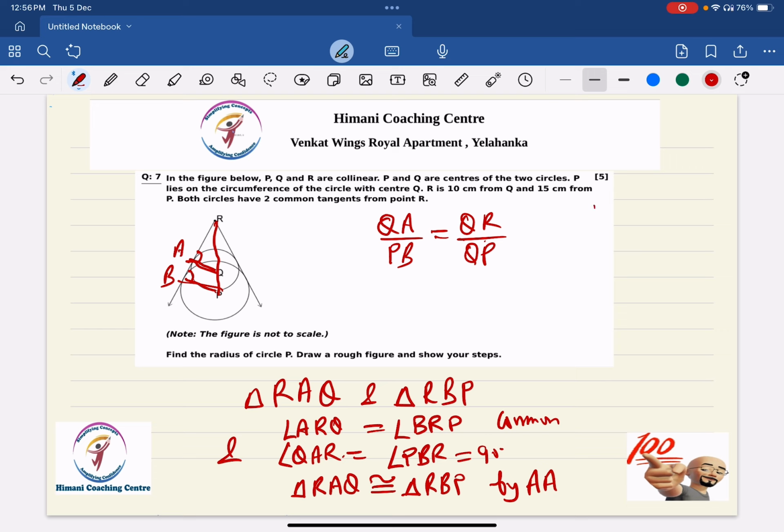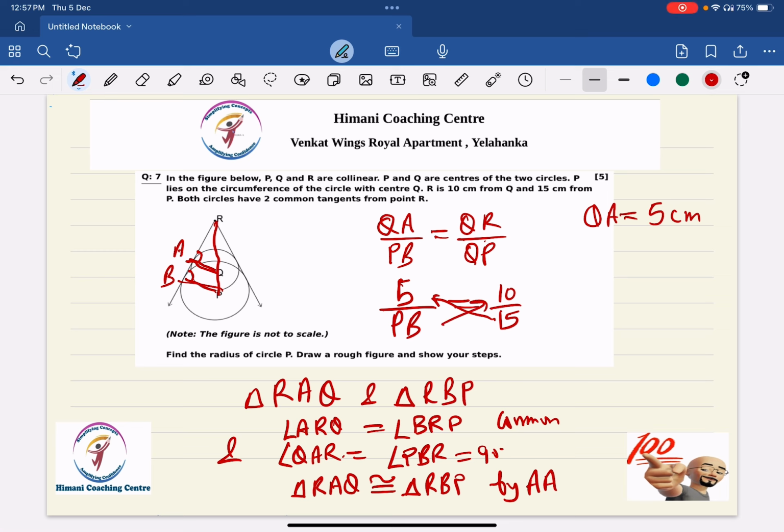Now, what is QA? QA is the radius of the circle with center Q, so it should be equal to 5. We just proved QR and QP are given. So QA, which is 5, by PB, which we need to find, equals QR, which is 10, by QP, which is 15.